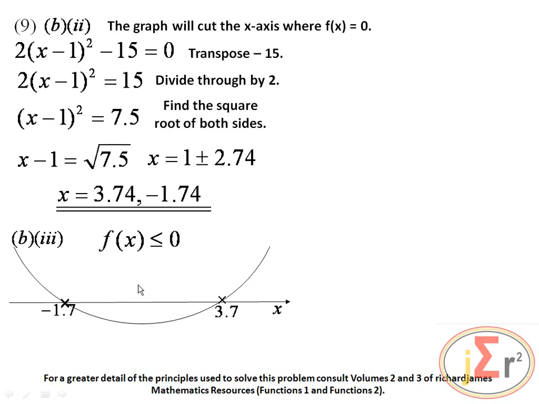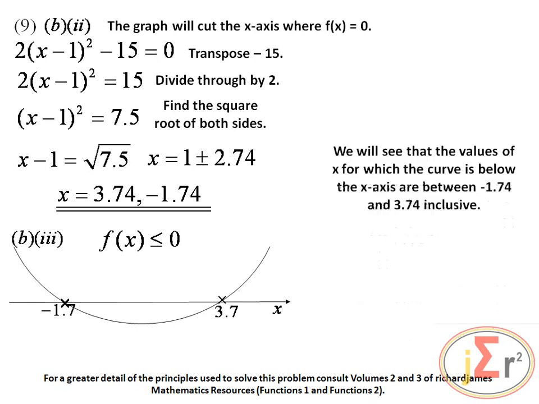So this point and below, this point and below, because we do not have less than, we have less than or equal to. So we are talking about the region in which the curve is at the axis and below, and we need the values of x for that region.